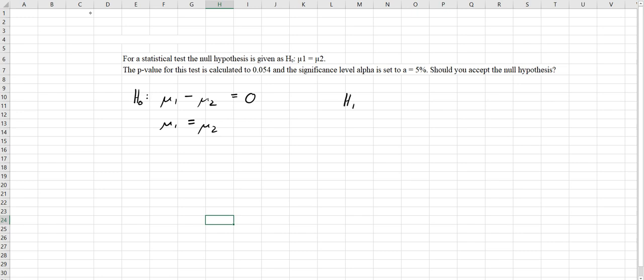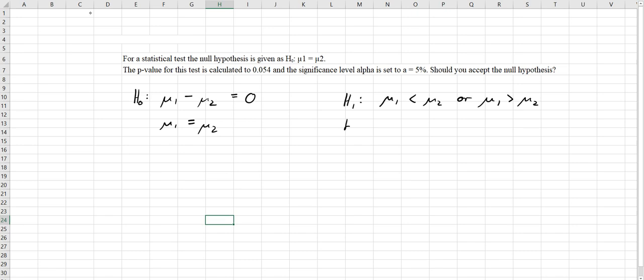Our alternative hypothesis could be that one of the population means is larger than the other. So we can write this as mu1 is smaller than mu2, or mu1 is larger than the mean of the second population.